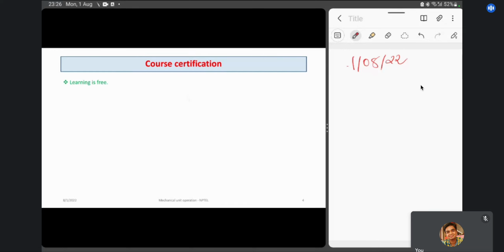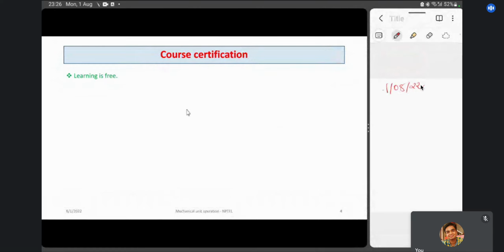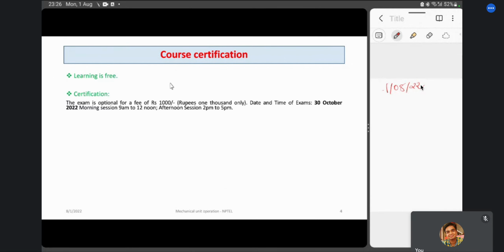The main motto of NPTEL is that learning is always free, so anyone can learn from this course without paying any fees. But if you want certification for this course, there will be an optional exam, and you need to pay an exam fee of 1000 rupees. The exam date for this course is in October 2022, and it will be conducted in 2 sessions.